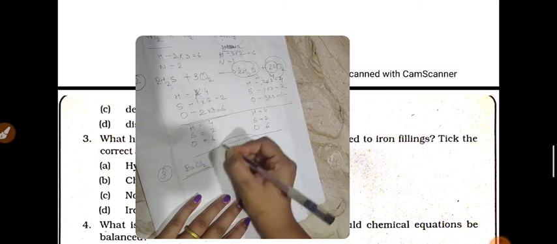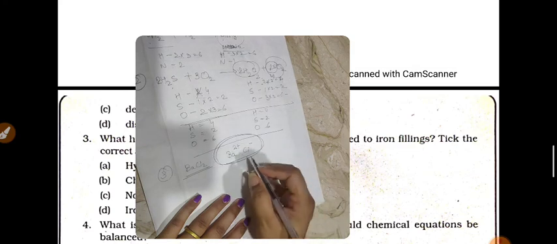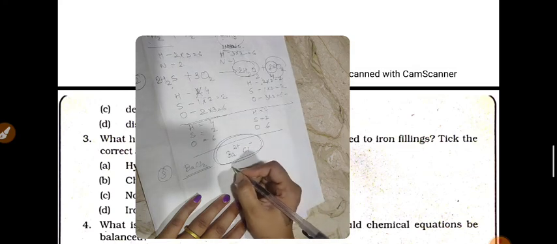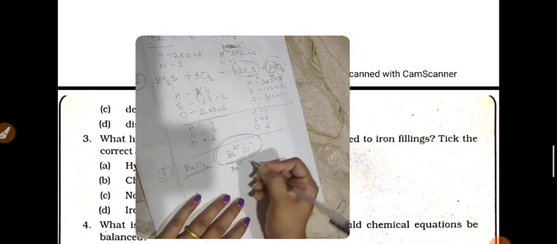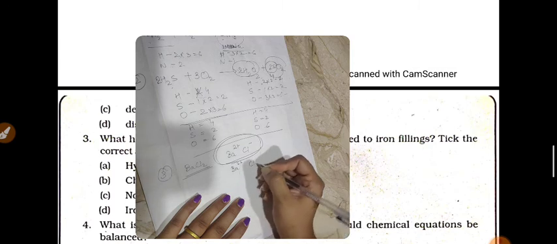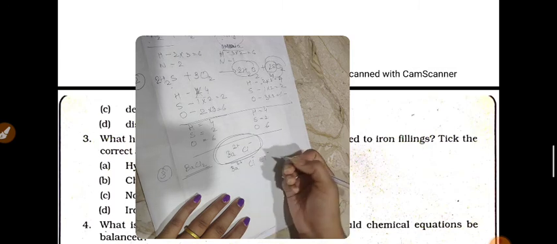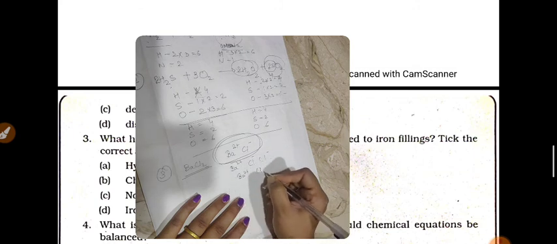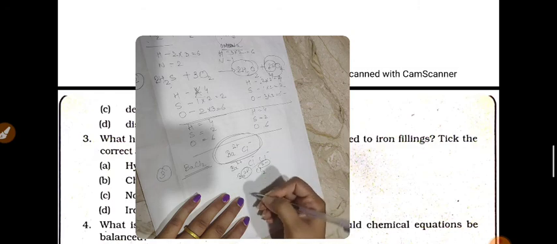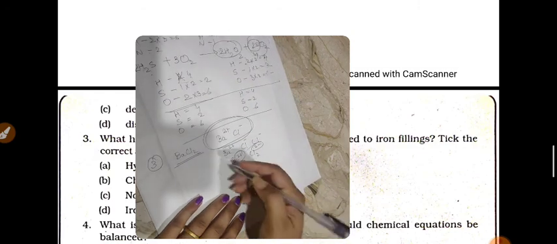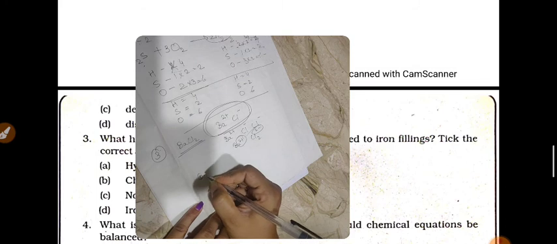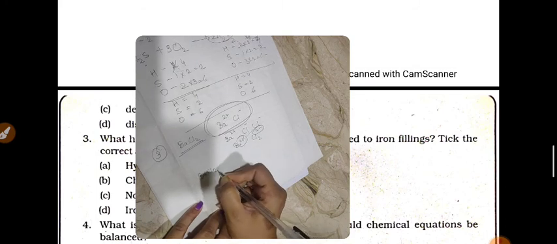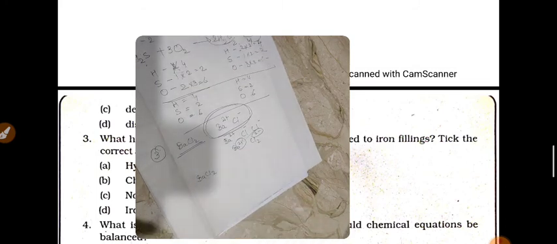So when we need to form this compound, both must balance. When barium is 2 plus, then chlorine must be 2, chlorine minus. So it will become Ba2 plus and Cl2, it will form 2 minus. So now this is 2 plus and 2 minus balanced. That's why barium chloride is BaCl2 to make it balanced.